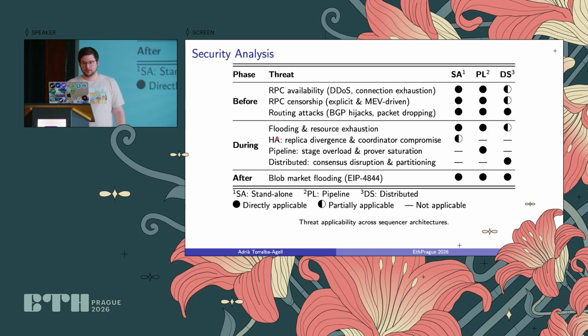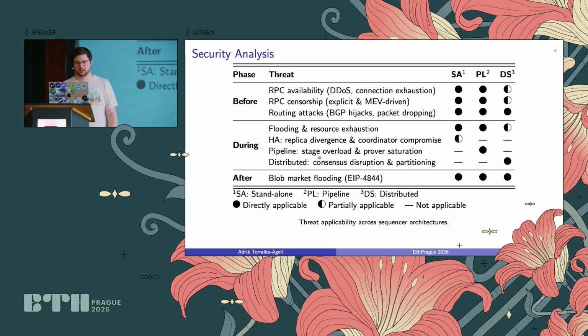For the high availability particular case, since we have another actor, if you remember, a coordinator, you have another attack vector, which is the replica divergence and coordination compromise. So instead of attacking all n replicas of the single sequencer, you can try to attack the coordinator. If the coordinator is malicious, or is down, or is not responsive, you can effectively halt the network.